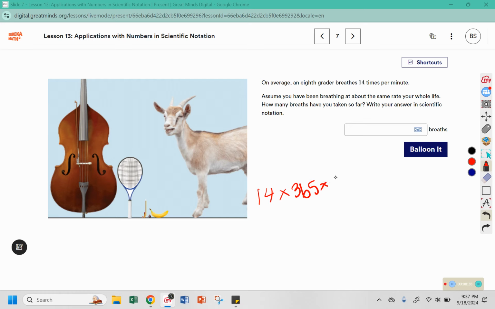There are 24 hours in a day, and there are 60 minutes in an hour. So 14 years, 365 days per year, 24 hours per day, 60 minutes per hour. And if we multiply all of this out, that'll tell us how many minutes a 14-year-old who just had their birthday has been alive.